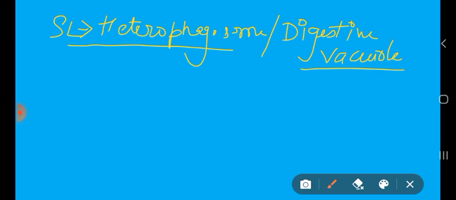The secondary lysosome shows a positive phosphatase reaction, which may be due to association with the primary lysosome. So the secondary lysosome, or heterophagosome, associates with the primary lysosome, and that's why it shows a positive phosphatase reaction.